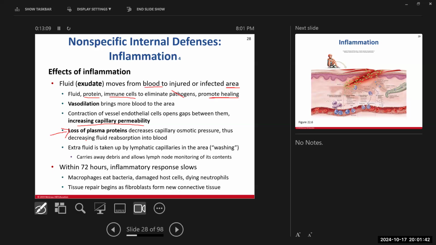But eventually, we have the lymphatic system that's going to help drain that off. And then as we start to go through the healing process and we've taken care of the injured tissue, you'll start to see the blood vessels become less leaky. When they're less leaky, we won't be losing all those plasma proteins into the tissue. And so then the osmotic pressure will shift back in favor of keeping fluid back into the blood vessels there.